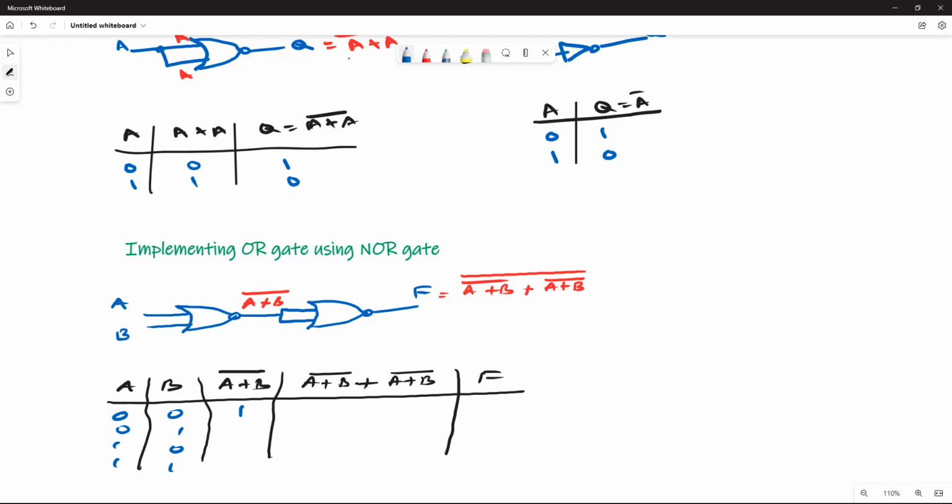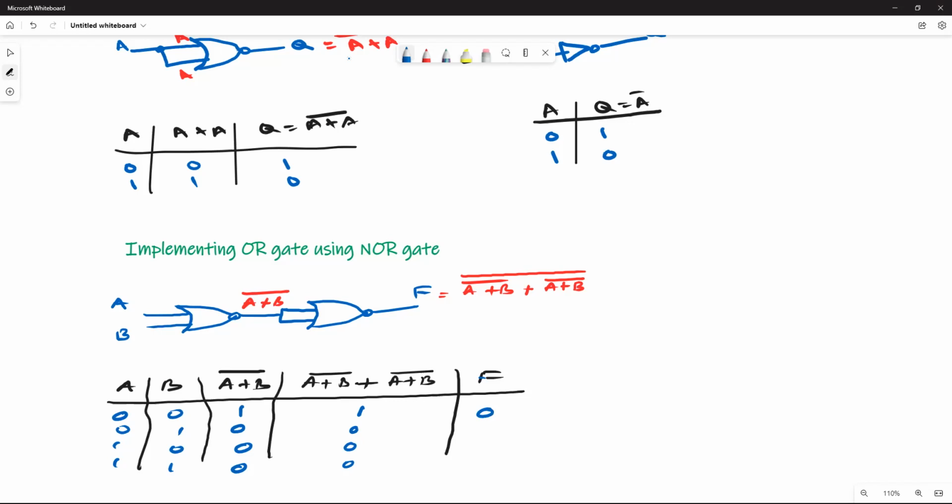You add 0 plus 1 is 1, bar is 0. 1 plus 0 is 1, bar is 0. 1 plus 1 is 1, bar is 0. So this is how we will get it. And then you are going to add the same thing. 1 plus 1, this is 1. 0 plus 0, 0, 0, 0. No change.